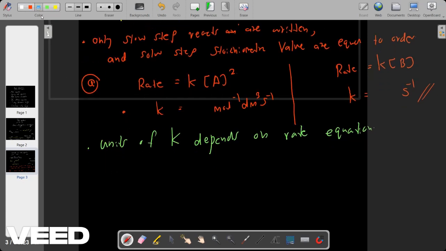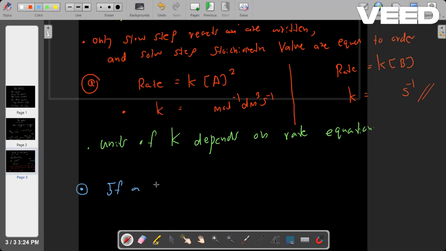And the most important thing is a homogeneous catalyst. What is a homogeneous catalyst? Homogeneous means both the reactant and the catalyst are in the same phase.